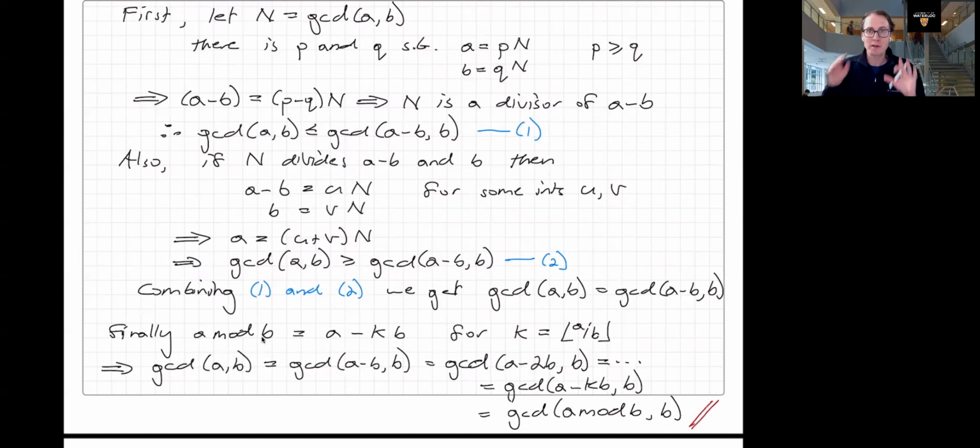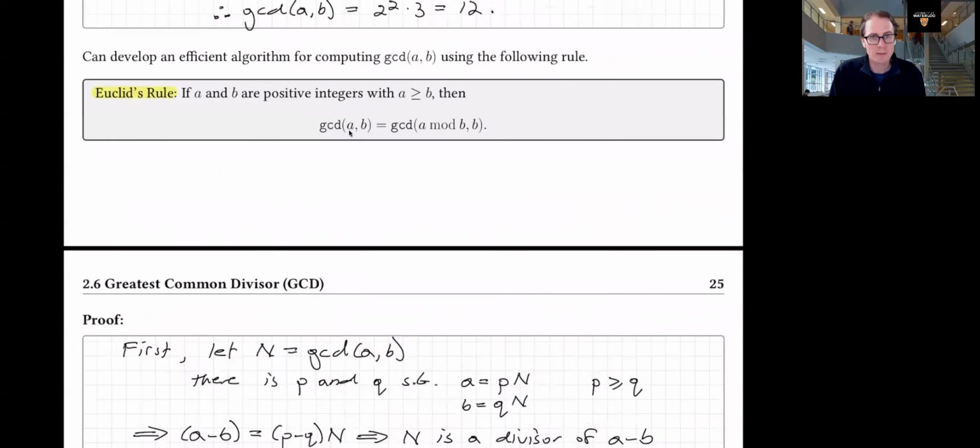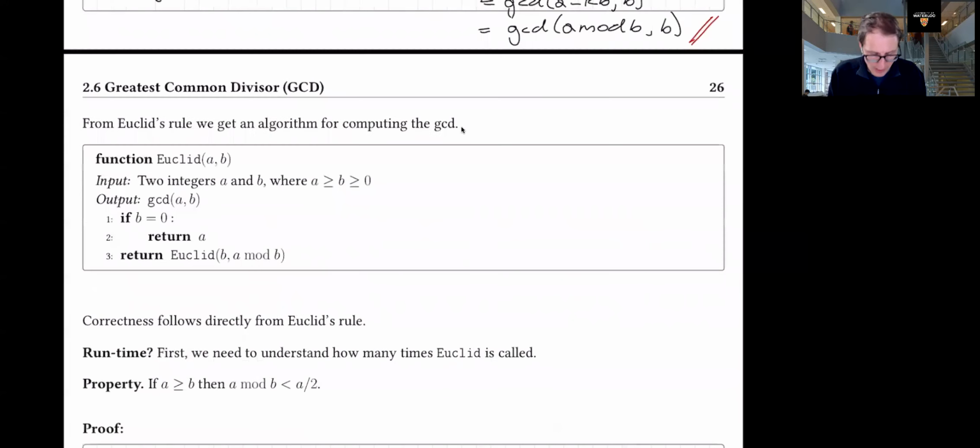So like I said, a bit of a complex argument, but the main take home here, right, is that to compute the greatest common divisor of A and B, I can instead compute the greatest common divisor of A mod B and B. And so this is our algorithm. The one trick in the algorithm that you'll see is I take in two integers, A and B, and I'm trying to compute their greatest common divisor.